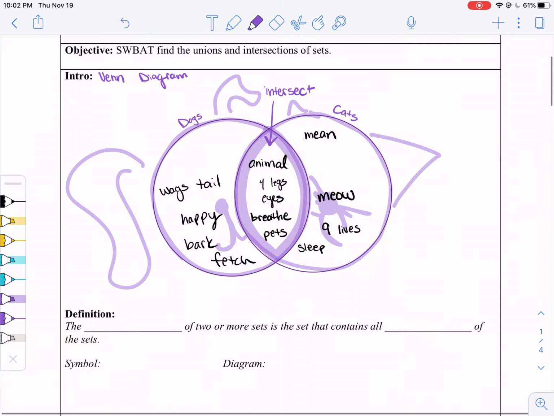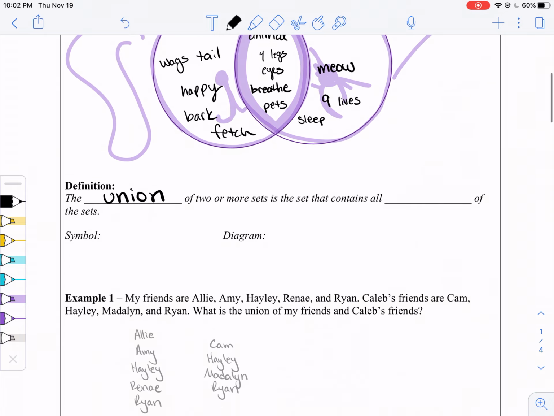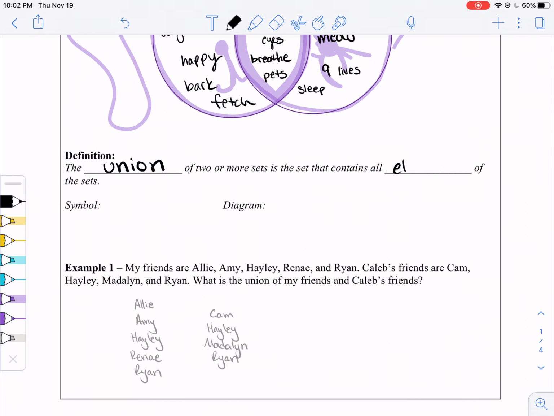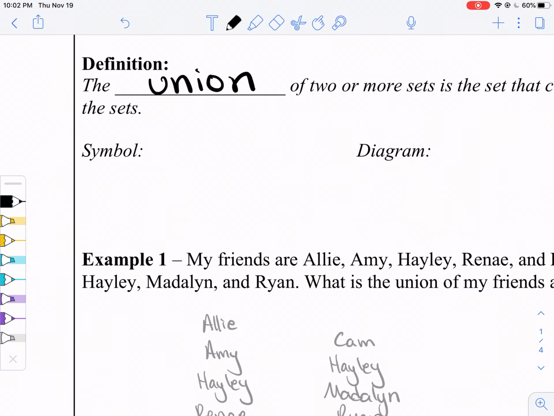So today when we talk about the union of 2 or more sets, it is everything between all of them always. So the union contains all the elements of both of the sets. We write this using the cup symbol.